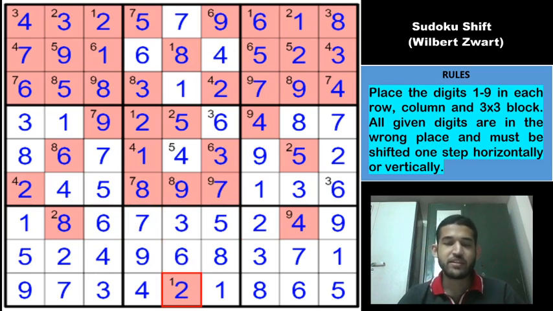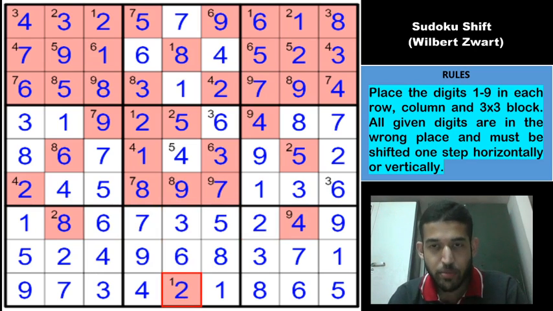And with that we have completed this super tough Sudoku by Wilbert Zwart, which had a very narrow start. So the main tricky steps where I think the solvers might have found it hard to continue was finding these two quadruples in box 1 and 3. Narrowing down 1357 here and narrowing down 1359 here was really difficult to get.